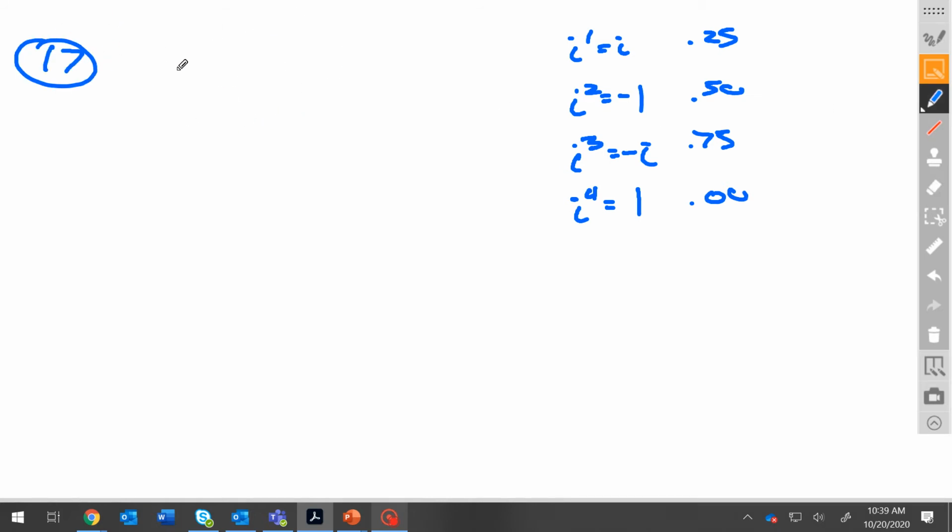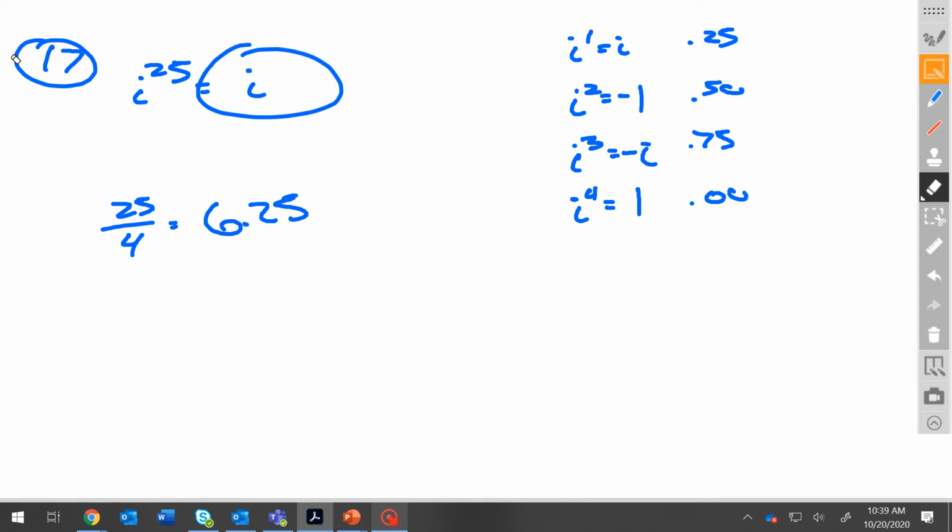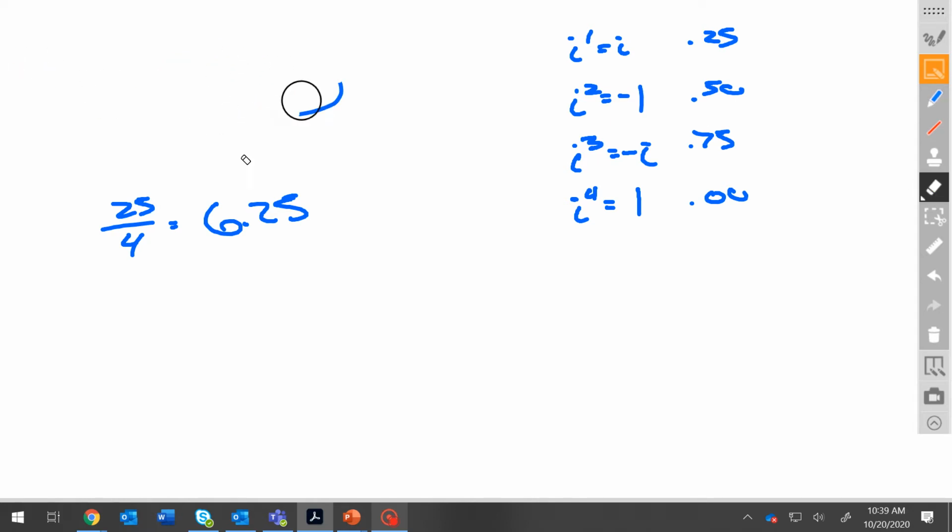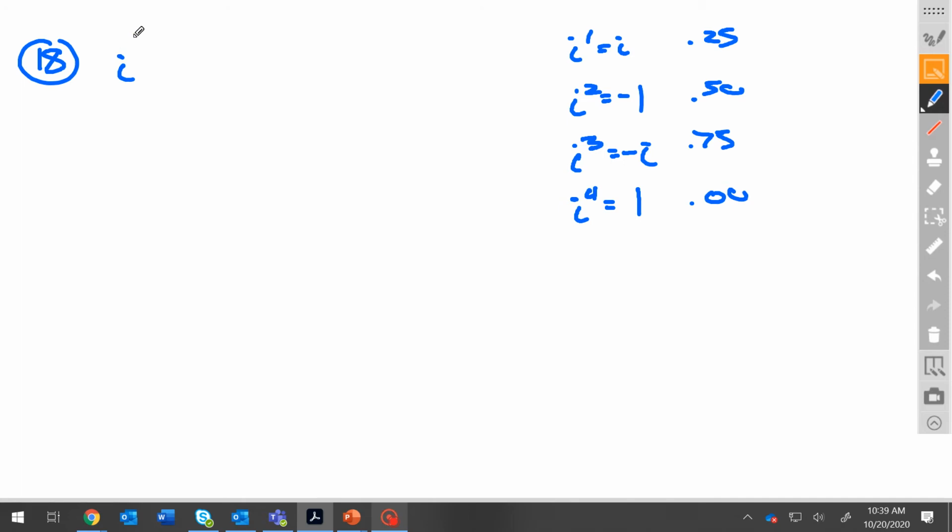17, i to the 25th power. So 25 divided by 4 is 6.25, so it's a remainder of 1. It's the first one, so this reduces to i. 18, i to the 183rd power.